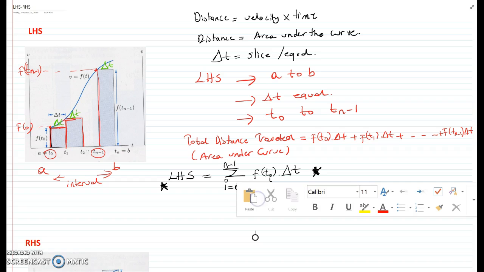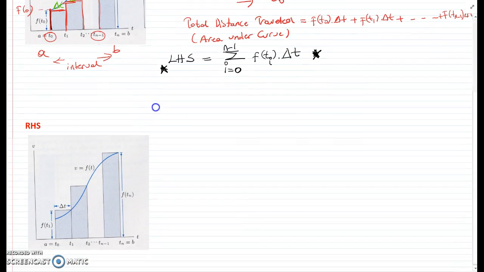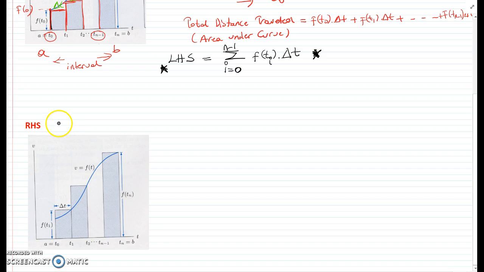So there might be an alternative way, and that is called the right-hand sum. The difference between the left and right-hand sum is that we start drawing our rectangles from the right-hand side. Everything else is the same. So instead of starting from t0, we're starting from t1 and going until t n.